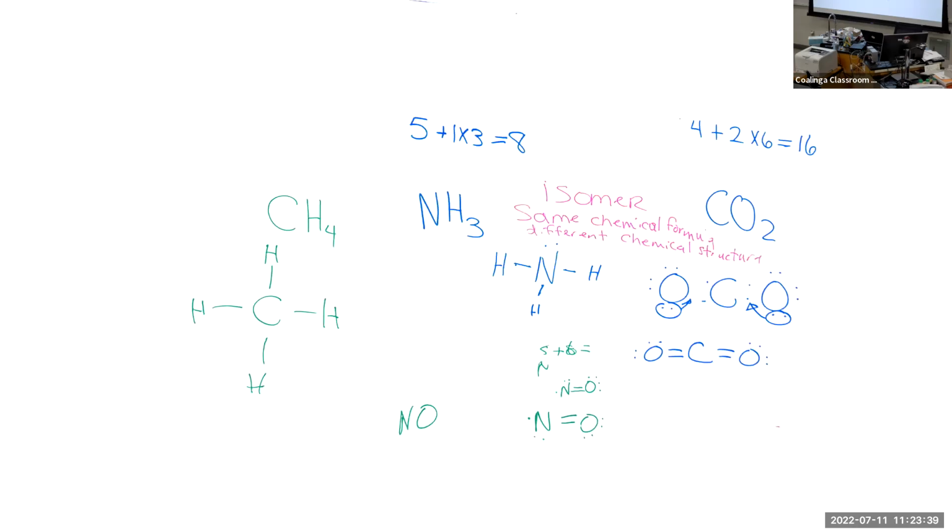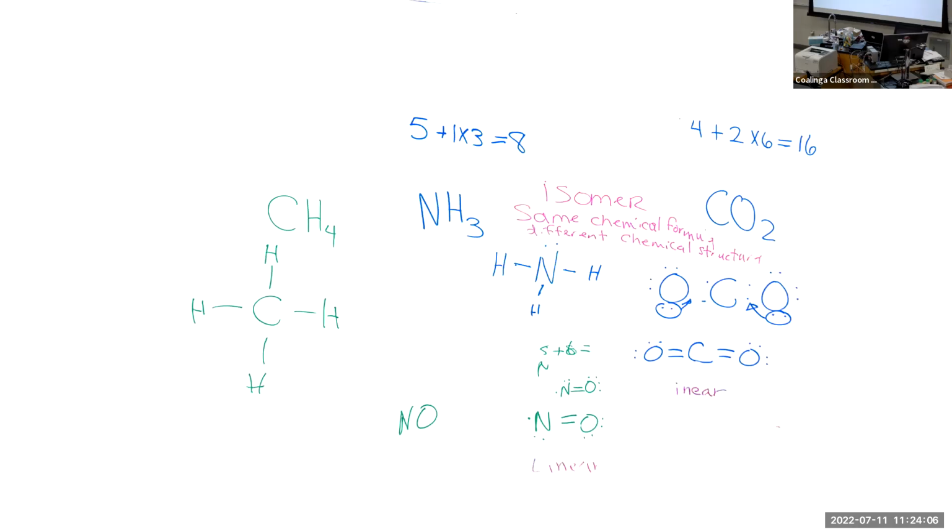Even though it kind of has a little bit of an arc, it's considered to be linear. Because if you take a look at carbon dioxide, there's nothing here that's going to cause it to bend. It's going to be straight across. It's going to be considered to be linear. This is also going to be considered linear. Okay?